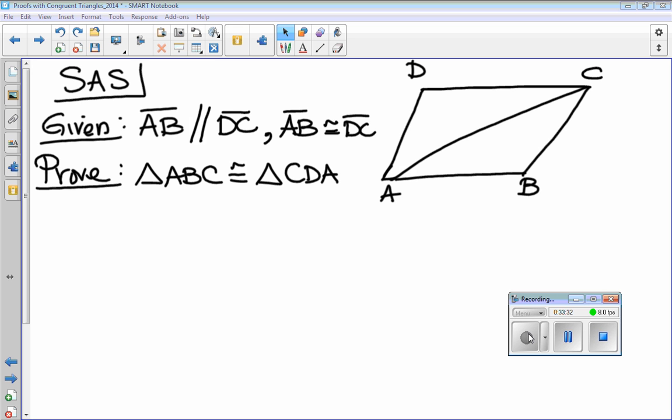You want to make sure you mark on your picture the given information, and then you can use your separate color for anything else you would add to the picture. So mark what's congruent right at the beginning. So I'm going to mark my parallel lines. I'm going to mark if they're also congruent. That's all that's given to us.